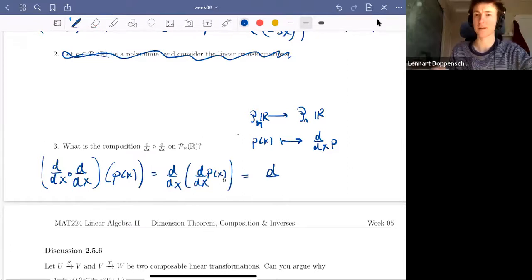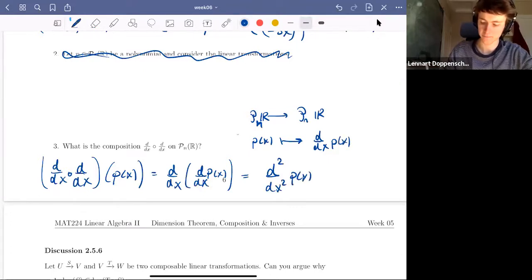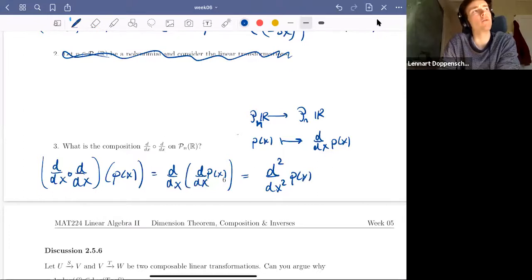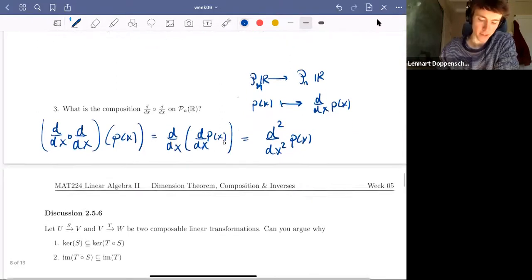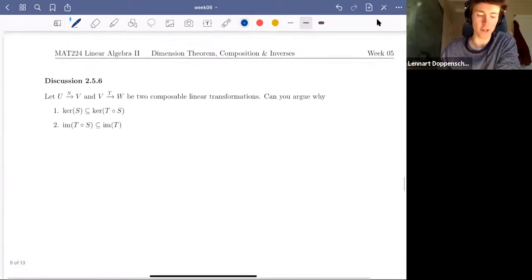And if you take a derivative of the derivative, we're going to get the second derivative. In this case, the domain and the codomain are always the same. So in this case, the order doesn't matter. In fact, if you would have, no, never mind. Let's just move on to this discussion.